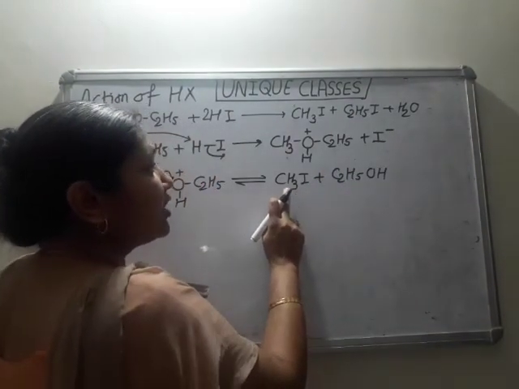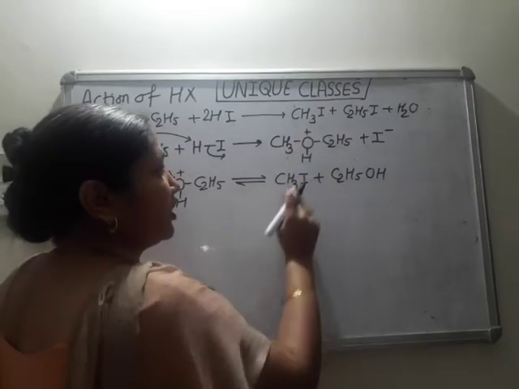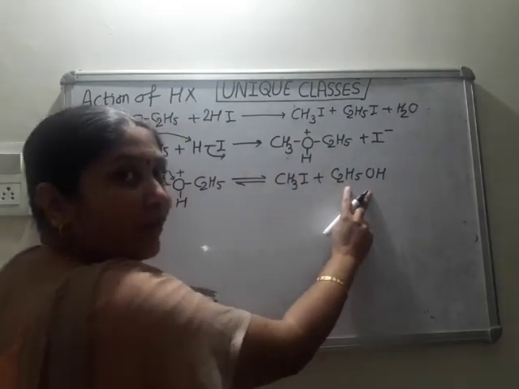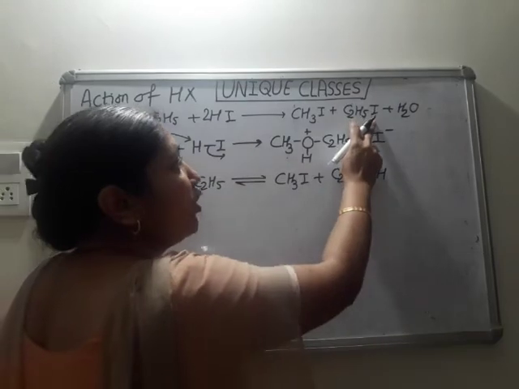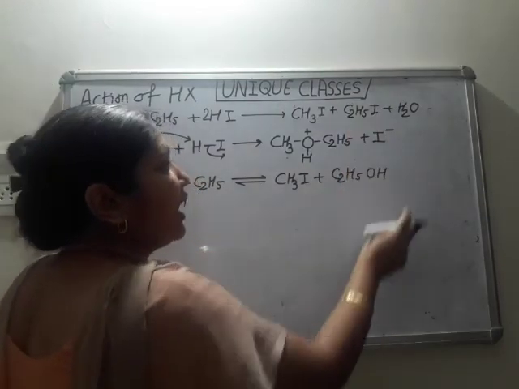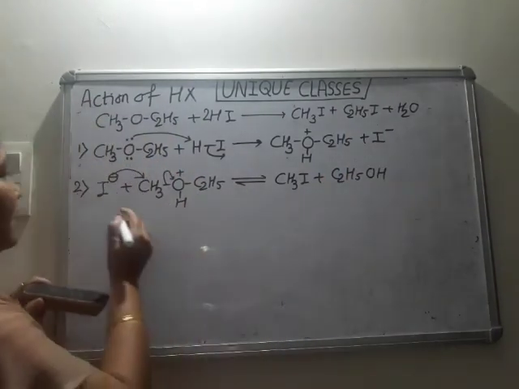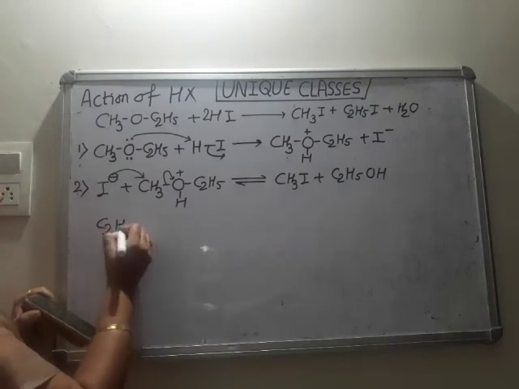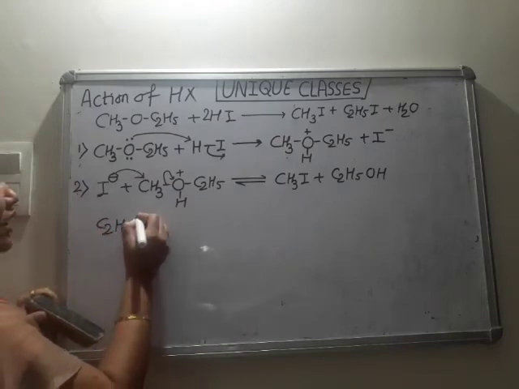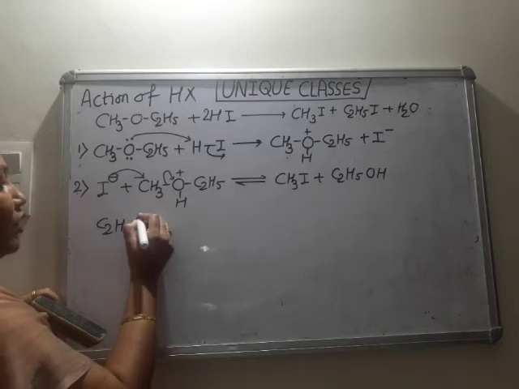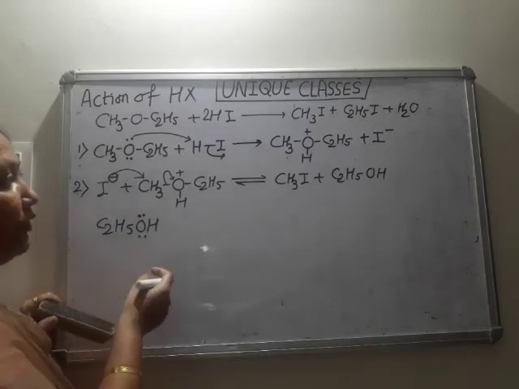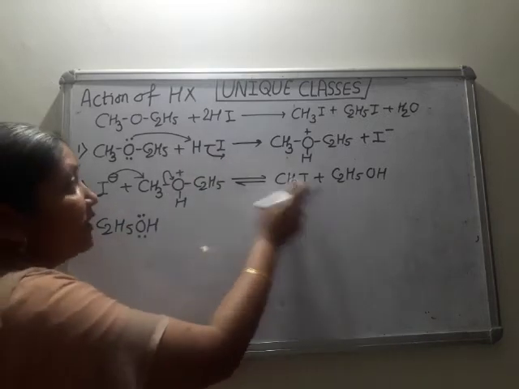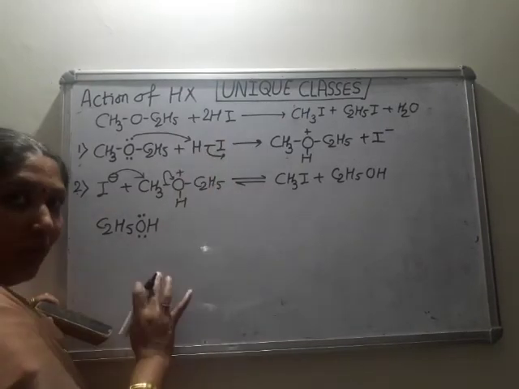Okay. Now we want to prepare C2H5I. We have got CH3I, one of the products. Now we don't want C2H5OH. Instead of that we want C2H5I. Now what happens in this case? See, this C2H5OH formed in the reaction also has oxygen with lone pairs of electrons. Up to this we have used only 1 mole of HI.